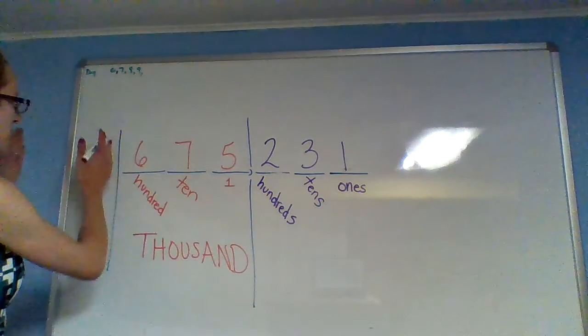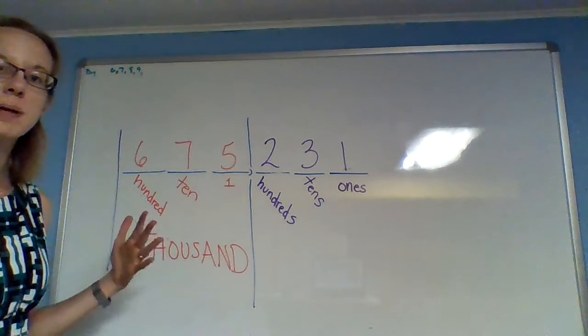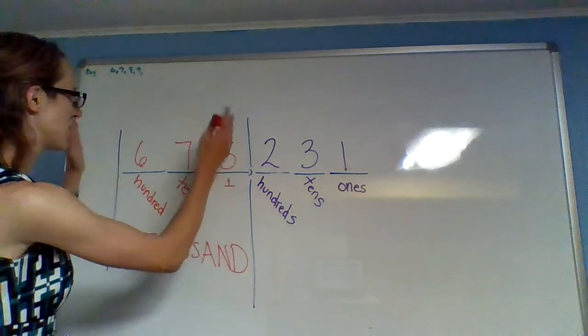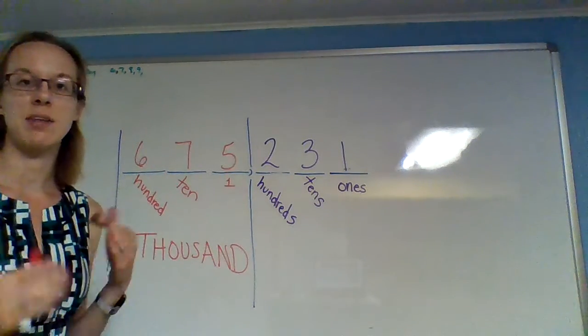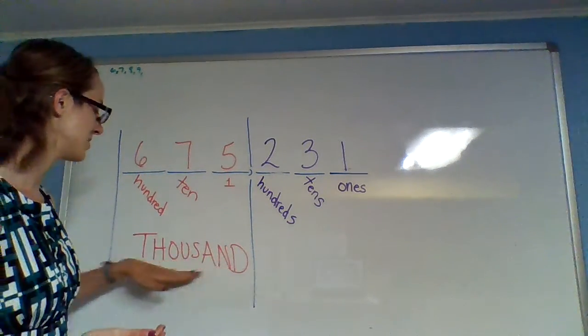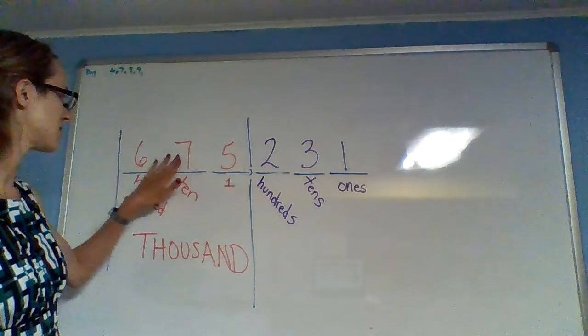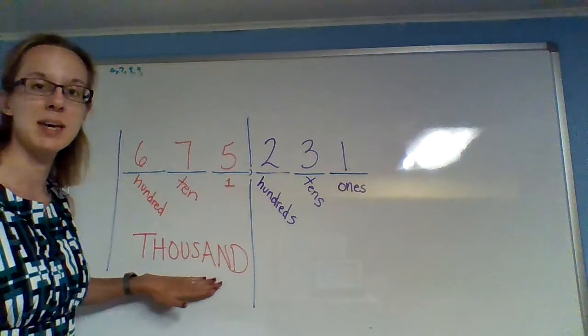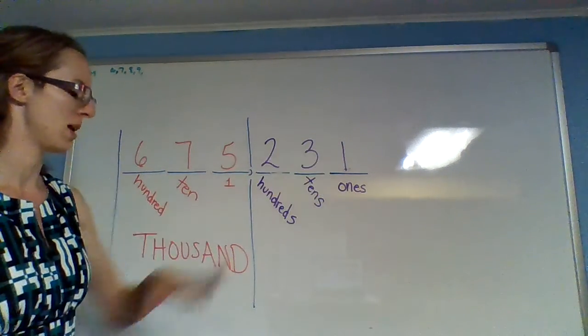The same thing would happen if you went out into the millions or into the billions. You can think about those commas as chunking the numbers so that you're really only ever looking at a 3-digit number and then saying the big category heading for that part. So 675,000 is the big heading that held those numbers together, 231.